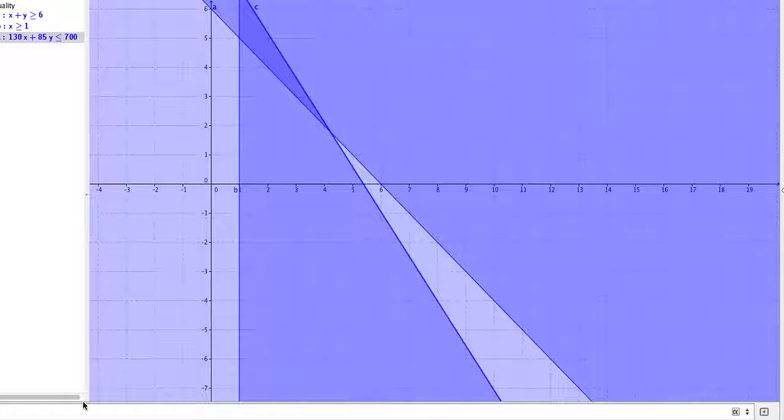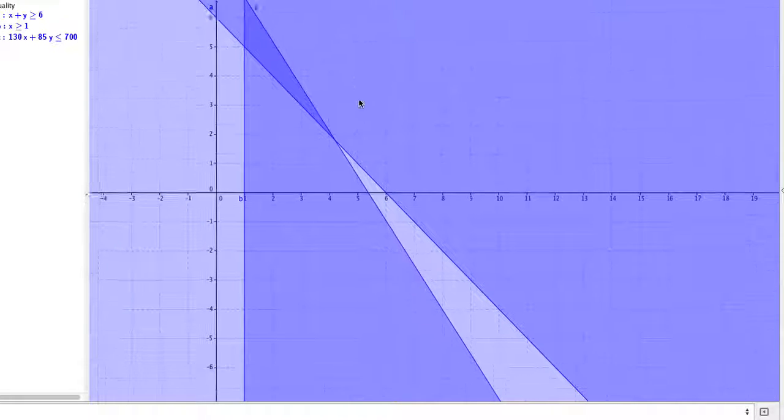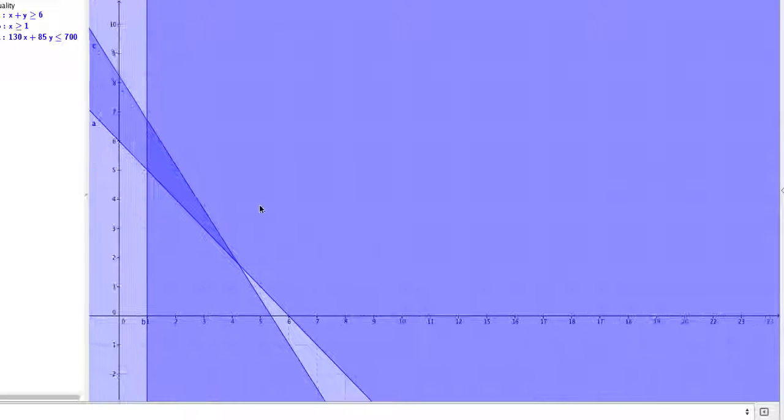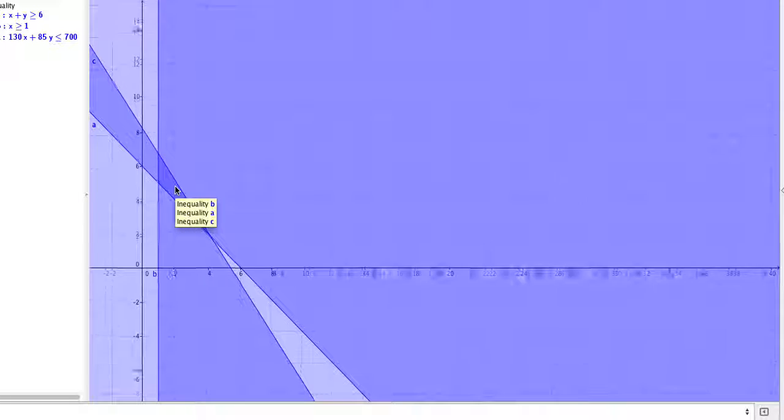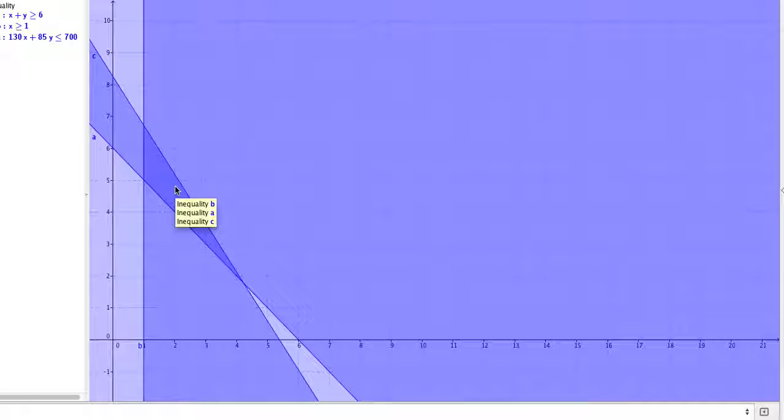Okay, and if you notice, this is the graph of our inequality, and the solution will be the intersection of all three graphs, which is this part right here. Okay, and if we get that part right there, and then we cut that out, so we put it where our problem is.